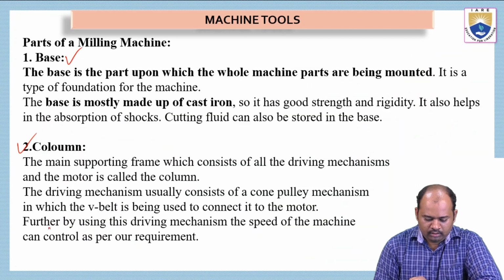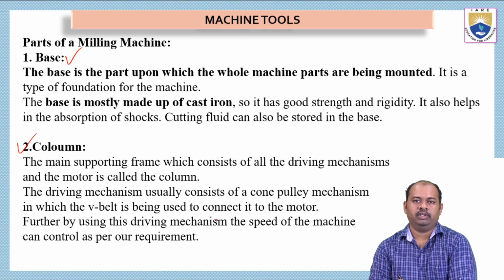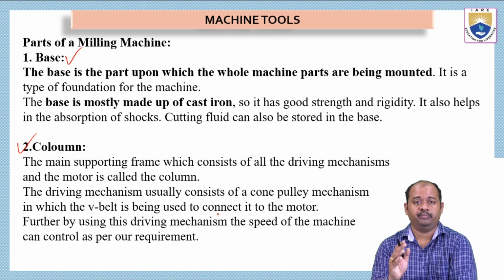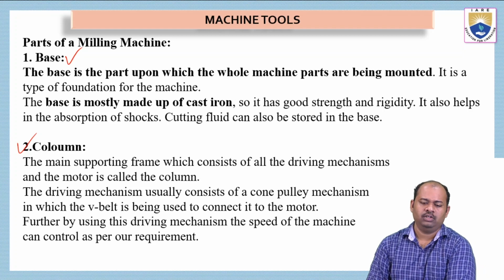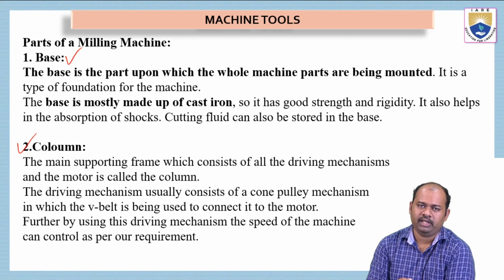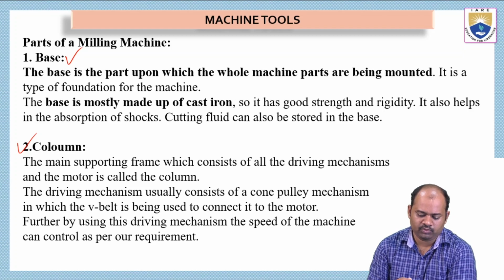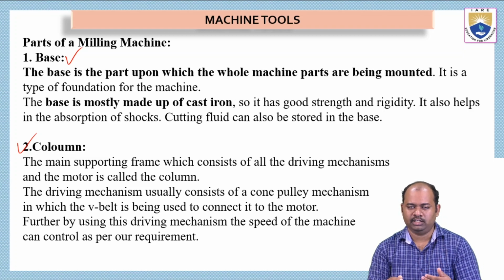Further, by using this driving mechanism, the speed of the machine can be controlled as per our requirements. The speed of the driving mechanism can be changed. This is a similar option which is available in a lathe machine. In lathe machines also, we can change the speed of the headstock, by which we can change the speed of the workpiece, so the workpiece will be rotating at a higher speed.